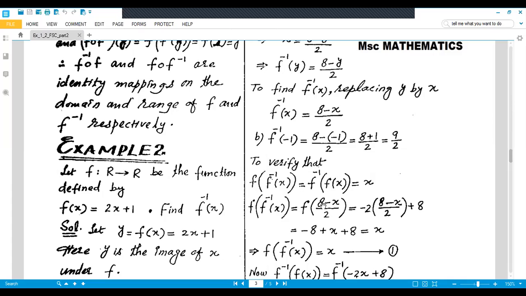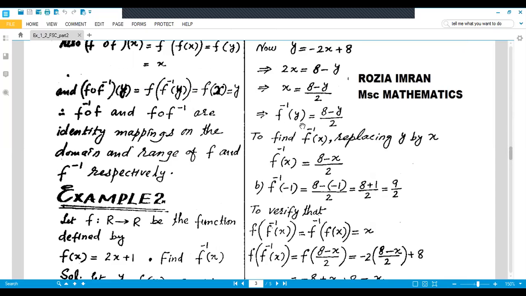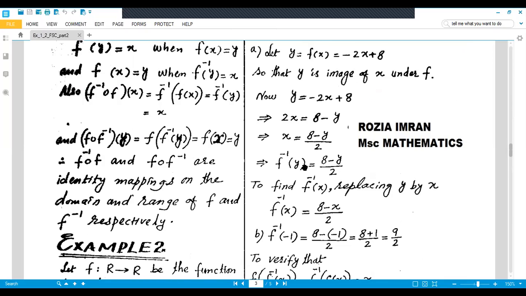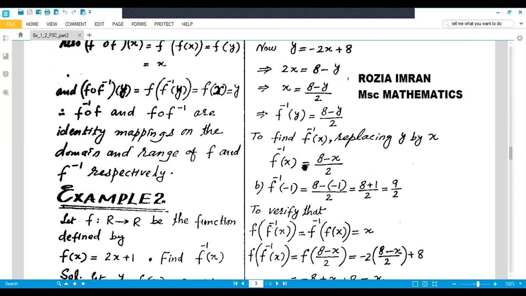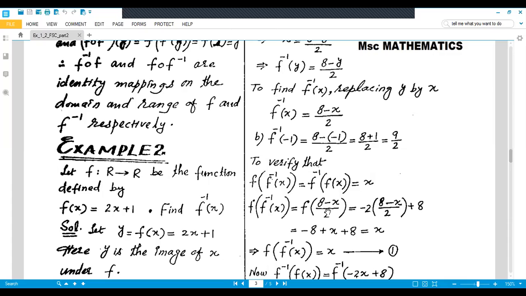So f of f inverse is equal to what? f inverse x is equal to 8 minus x over 2. So we put that value in the function f of x. The function is minus 2x plus 8. So f of f inverse x is minus 2 times 8 minus x over 2, plus 8.